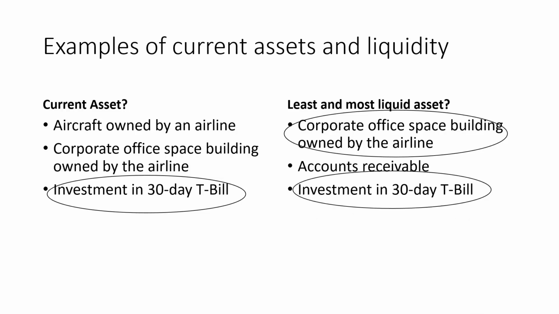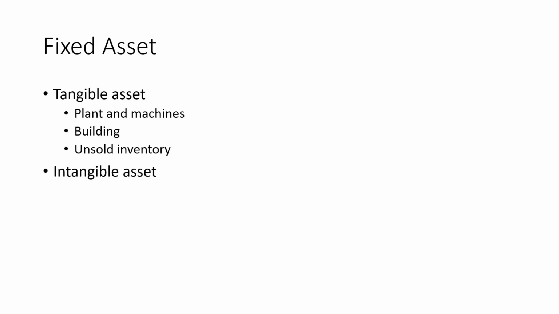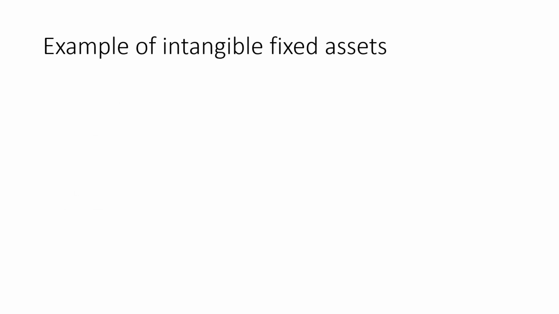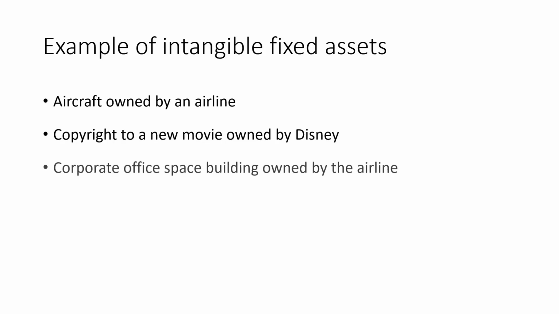So that's how we can arrange assets, by their ease of conversion to cash and by liquidity. Now, a fixed asset, like we said, could be a tangible asset like plant and machine, or a building, or unsold inventory, or it could be intangible like a patent, trademark, logo, etc. So is an example of an intangible fixed asset an aircraft owned by the airline, a copyright to a new movie released by Disney, or a corporate office space building owned by the airline?